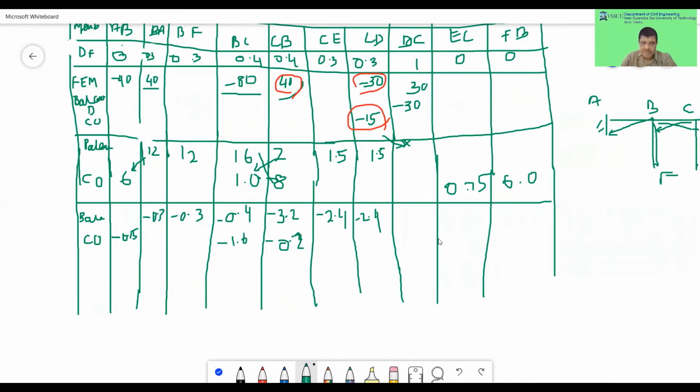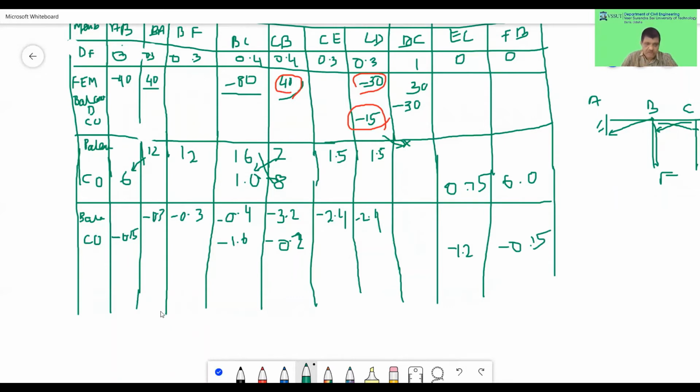Then it will go to here. EC has the value minus 2.4, so it will come here minus 1.2. And BF is minus 0.3, so it will come minus 0.15. This way I can find the value of carryover.